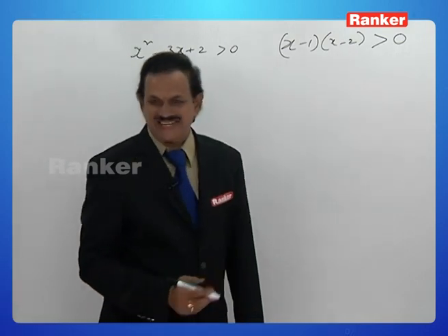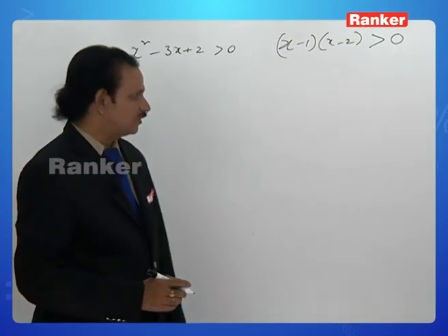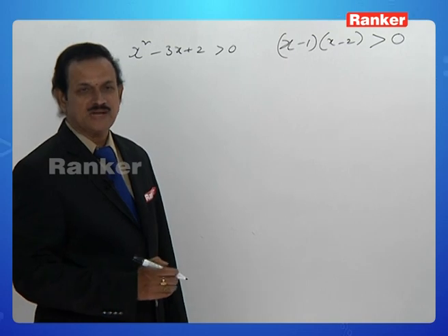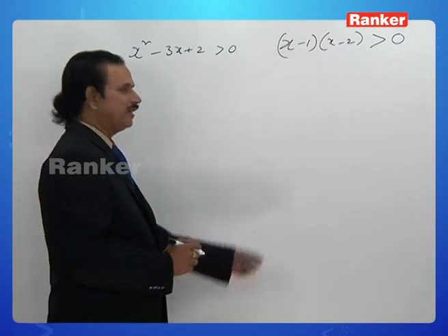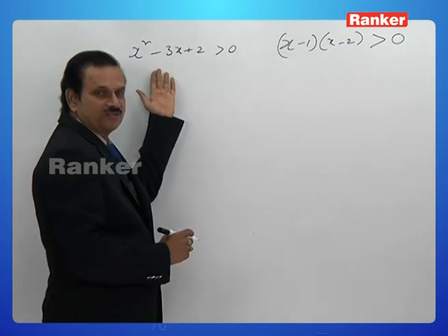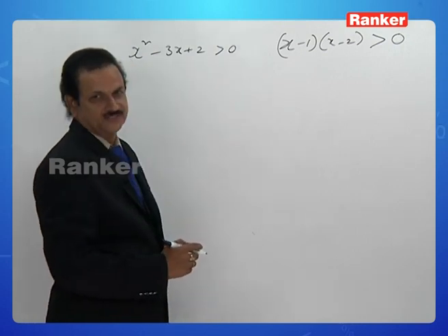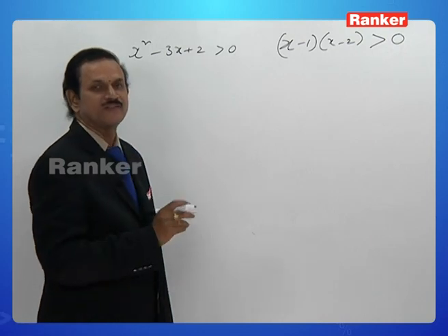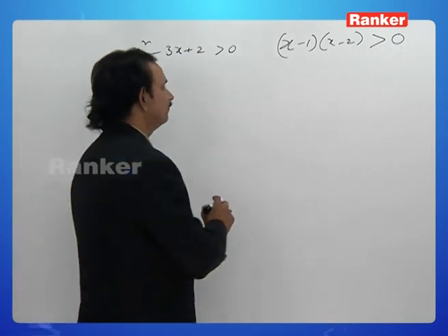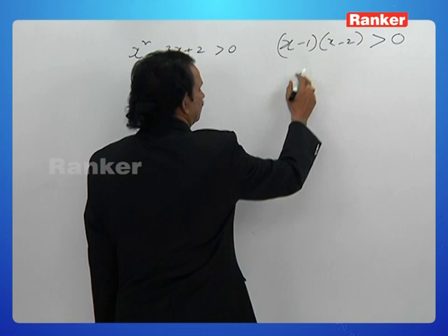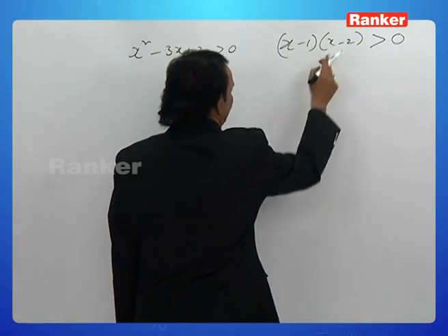This style, technique or method which you are going to learn is possible to be used when and only when the quadratic expression lying in the left hand side can be factorized, or that equation has two distinct real roots only. Like here, what are the roots here? 1 and 2.